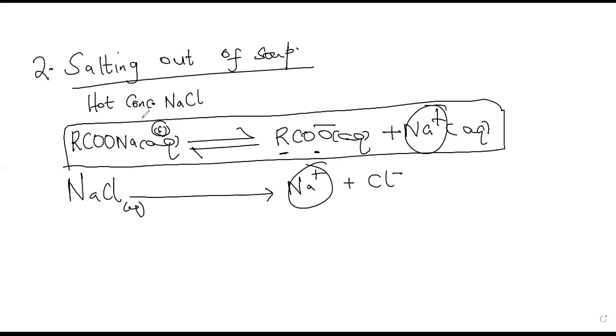But then we are also going to look at the factor of complex ion formation and how it affects the solubility of sparingly soluble salts. So the second factor is complex ion formation.